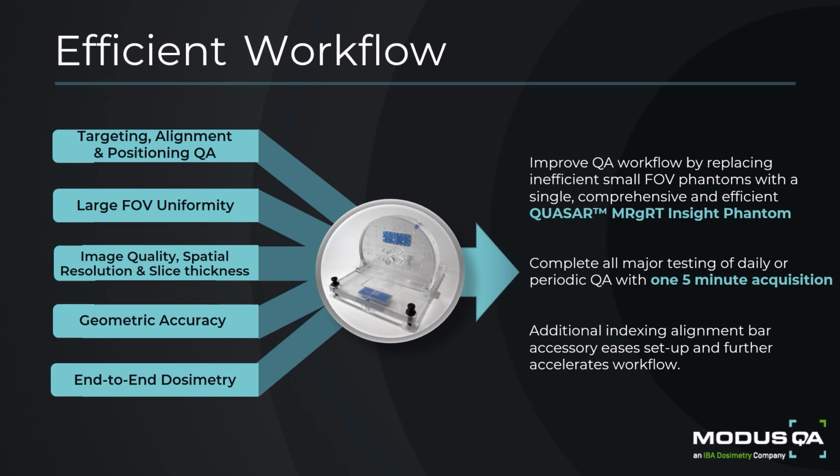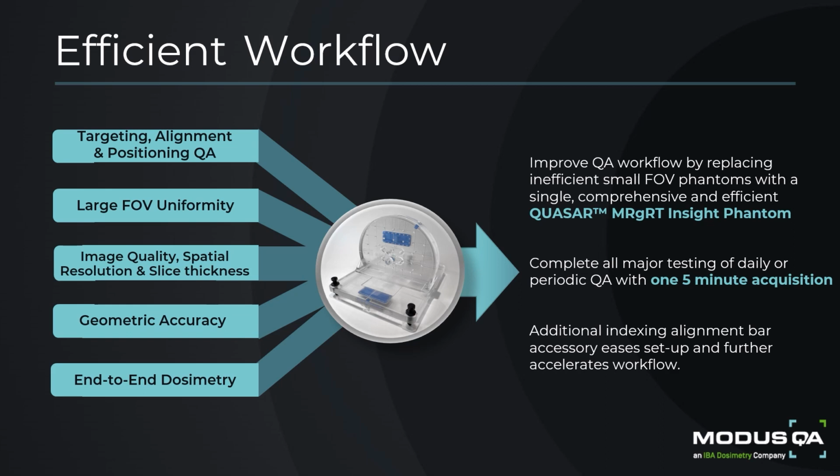And again, it also does not require any additional repositioning of multiple Phantoms as one would expect with smaller FOV Phantoms. And so it is quite conceivable that a physicist familiar with the system can complete setup, scanning, as well as the automated analysis of their MRI's comprehensive system performance using the software all in under 10 minutes, thereby adding efficiency to their daily QA or periodic QA workflows.